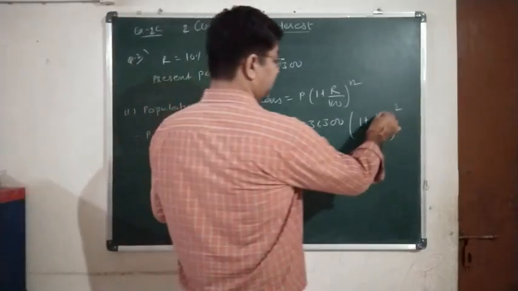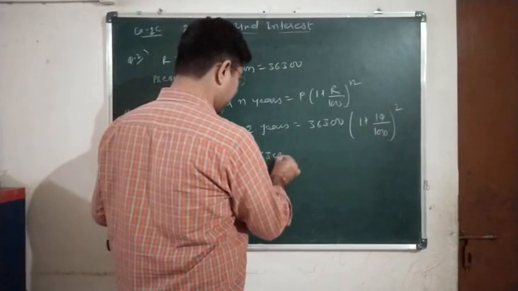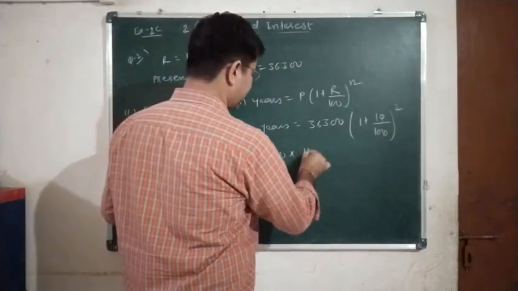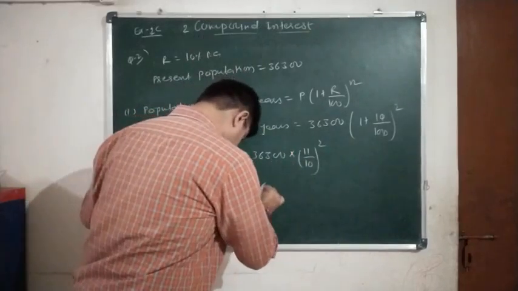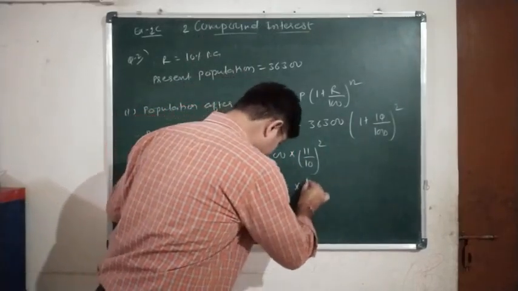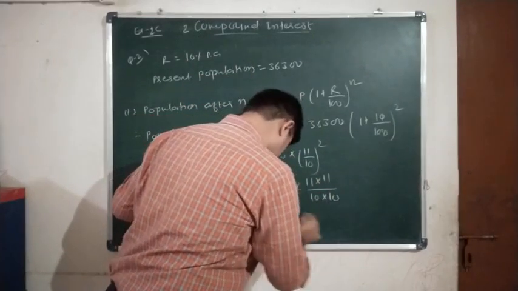Now let us reduce and simplify. 36300 into 11 upon 10 raised to 2 is equal to 36300 into 11 into 11 upon 10 into 10.